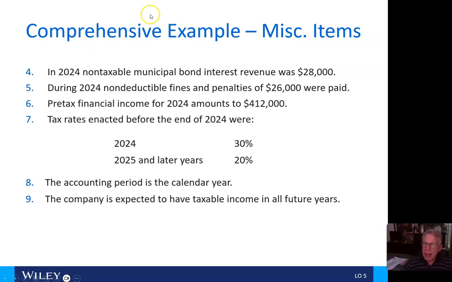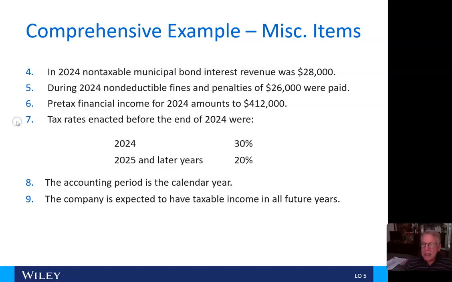We have some miscellaneous items here. Number 4, in 2024, non-taxable municipal bond interest revenue was $28,000. Number 5, during 2024, non-deductible fines and penalties of $26,000 were paid. Number 6, pre-tax financial income for 2024 amounts to $412,000.